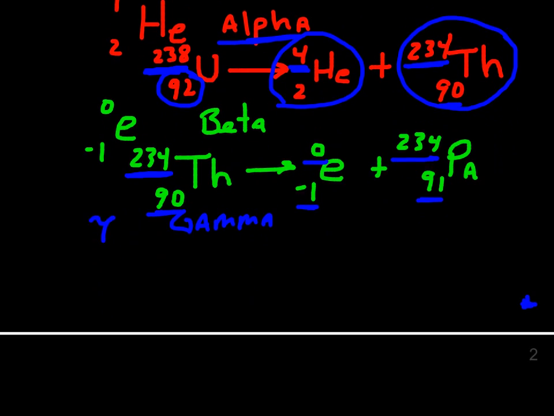Now there's two more particles that sometimes you can use for balancing, and these aren't considered natural radioactivity, but we mess around with them when we're talking about the chemistry, because sometimes they're useful. The first one is an electron that has a positive charge, and it is called a positron. And the next one that you're going to use sometimes is a neutron for neutron bombardment.